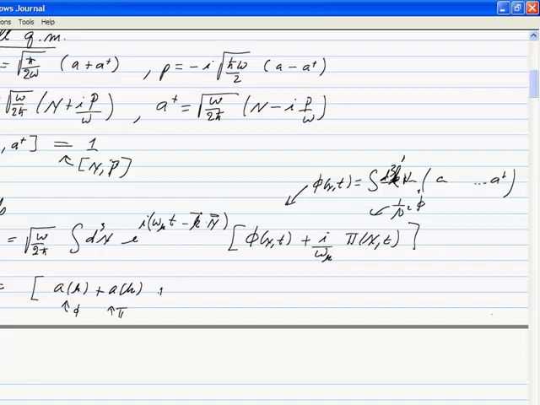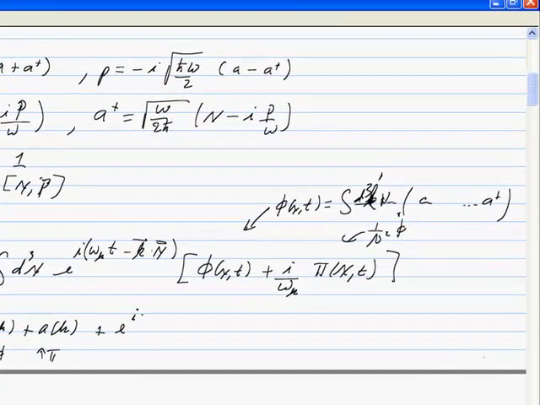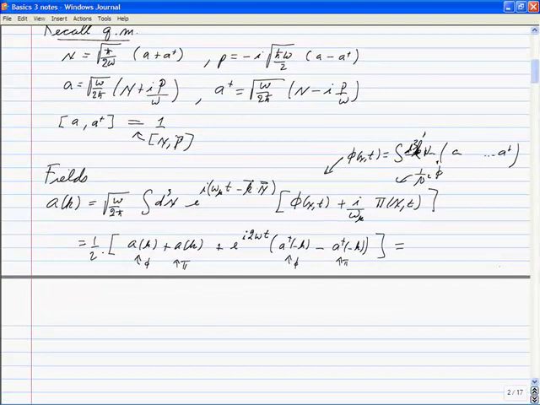And then the next piece is e to the I 2 omega t, a dagger of minus k minus a dagger of minus k. Okay, the first one came from phi and the second one came from pi. Okay, and there's a 1/2 out in front, of course, or else it's not going to work.